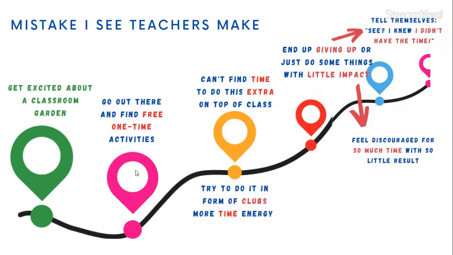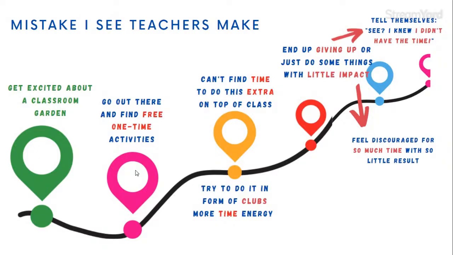And then what ends up happening is that we tell ourselves, see, I knew I didn't have the time, because I gave up. I didn't do it. I went out and I found a bunch of activities. They sounded very exciting, but I couldn't find the time to do them because they did not connect to what I was supposed to do in my classroom, and I didn't have a good plan for it.